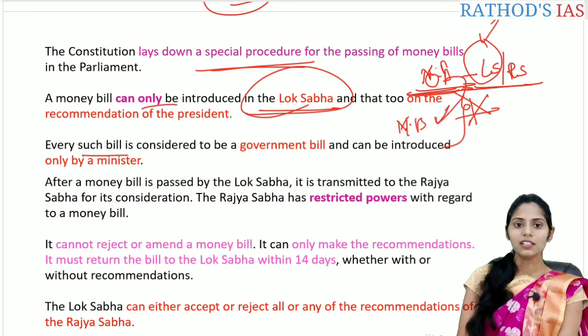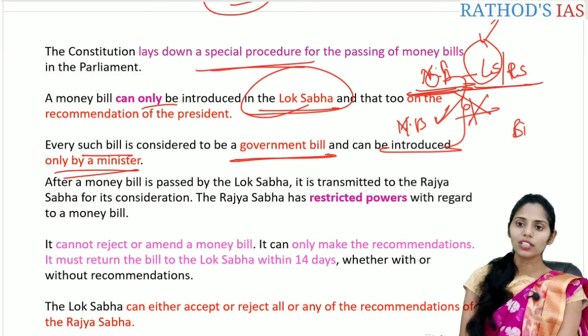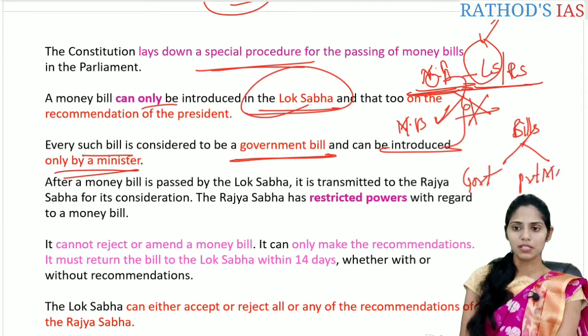And that bill, the money bill, is considered a government bill and can be introduced only by a minister. When we studied the types of bills, there are two types. The first is the government bill and the second is the private member bill. Is it clear?